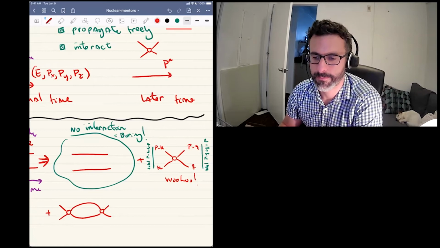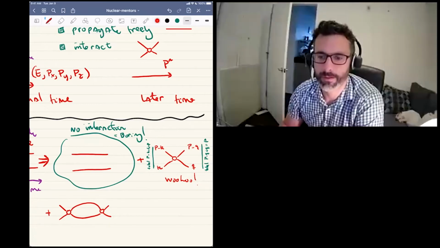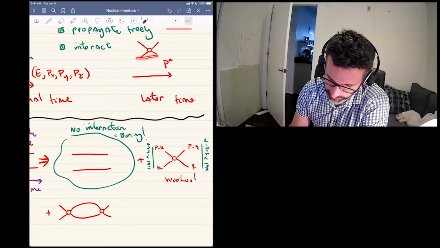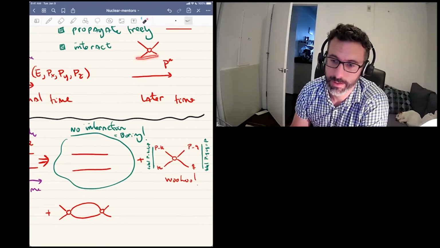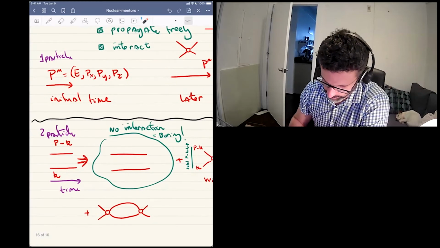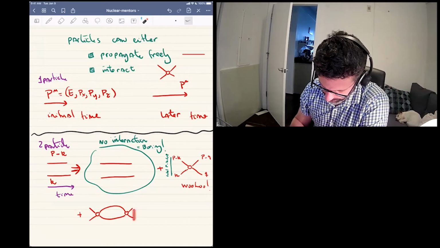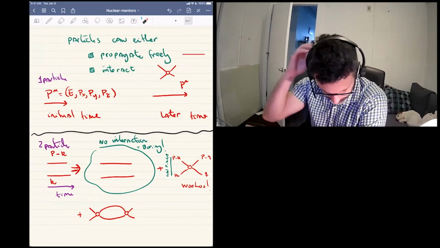Well, this is the only vertex that I have available, right? And I have two particles in the initial state, right? And so this doesn't seem to allow for me to have one particle in the final state.